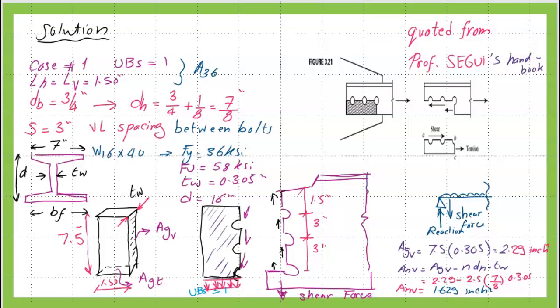The gross area of shear is equal to the vertical distance multiplied by web thickness, and can be written as A sub GV, and can be found as equal to 7.5 by 0.305 equals 2.29 inches square.